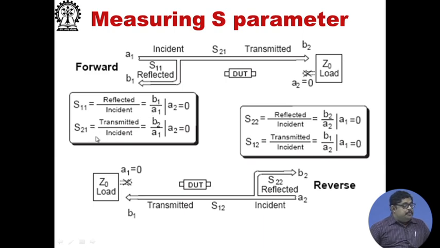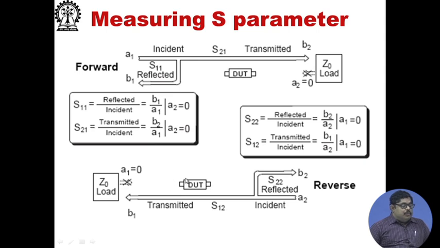Similarly, S21 means you match terminate port 2 and find out V2 minus by V1 plus. Similarly, if you excite the second port and match terminate the first port, you get the other two, S22 and S12. That is described here: you have a 2 port network we call device under test, DUT.